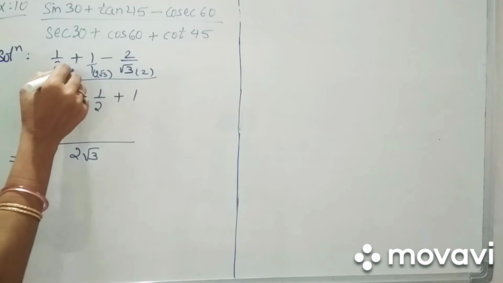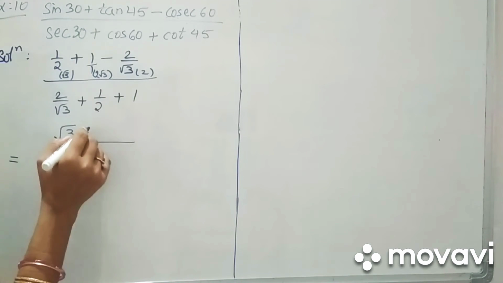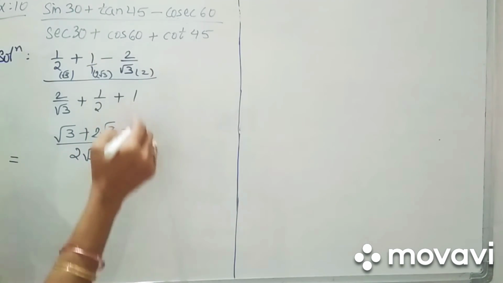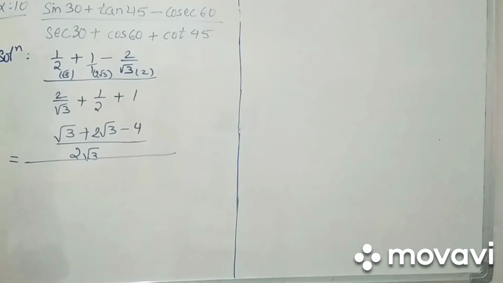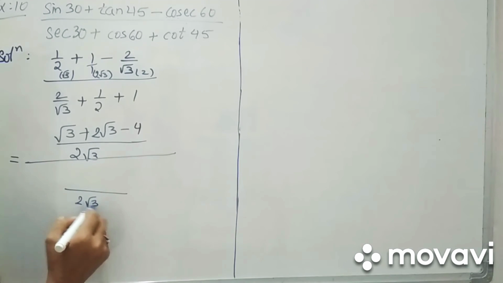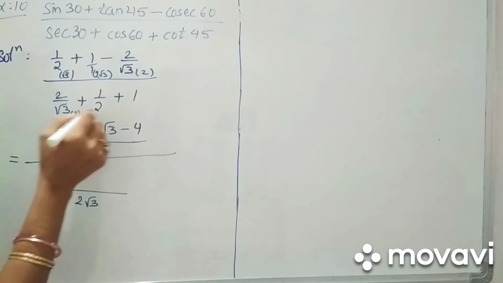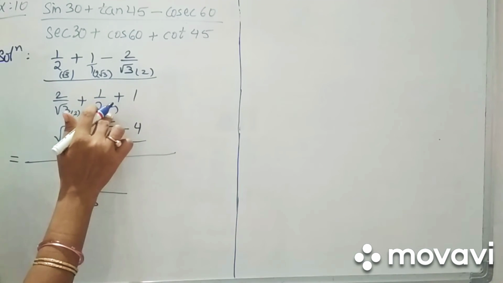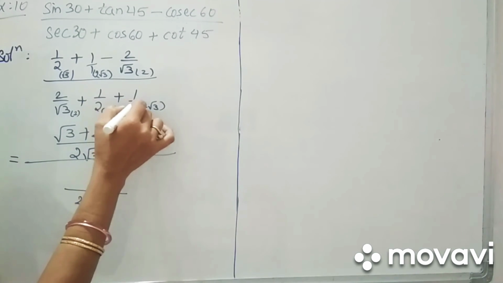So what we are getting is root 3 plus 2 root 3 minus 2 2s are 4, whole upon. Here also my denominator will become 2 root 3. So the first term is multiplied by 2, the second term by root 3, and the third term by 2 root 3.